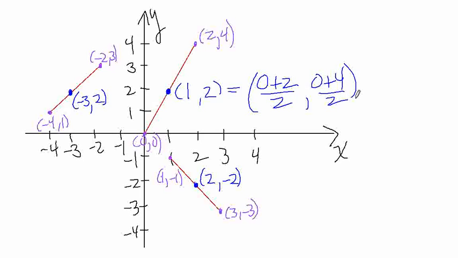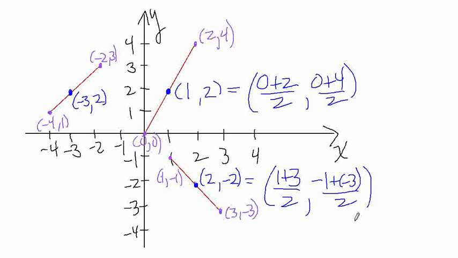Notice that that would have given you the same coordinates for the midpoint. All right, let's do the same with the other line segments. Let's average the x values and then let's average the y values. Okay, simplify those fractions and you'll notice that that gives the same answer as before as well.